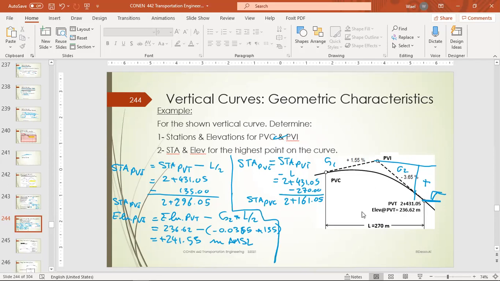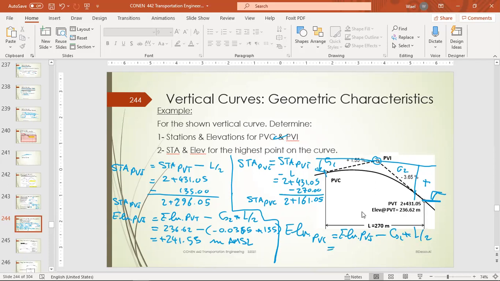What's the elevation for BVC? It equals the elevation of BVI minus this distance, the difference here. So it's basically the elevation of BVI minus G1 multiplied by L over 2.